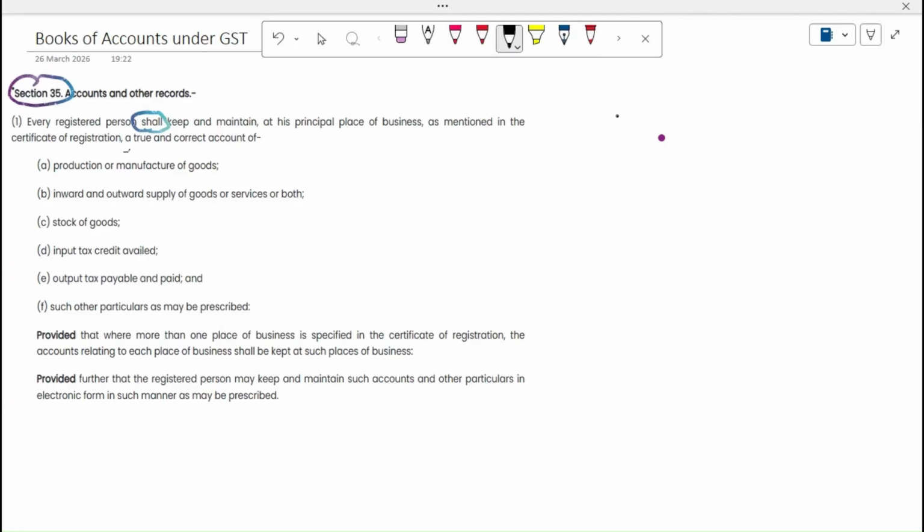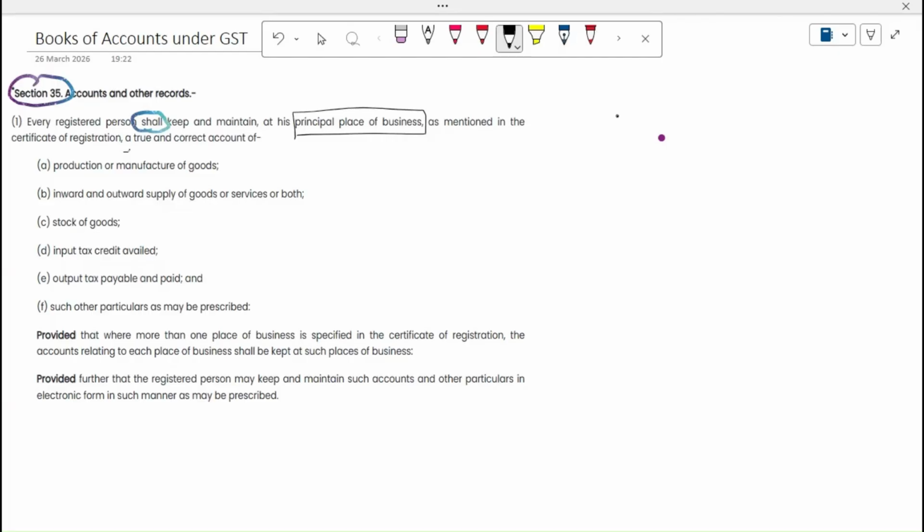Do you have students to whom you are conducting training? Do you have the faculty who impart training? They try to understand your business. So that is generally the principal place of business where you have your books of accounts retained. So the GST officer will visit to verify the books of accounts, and these books of accounts have to be maintained at the principal place.